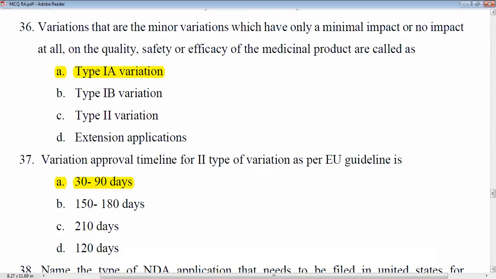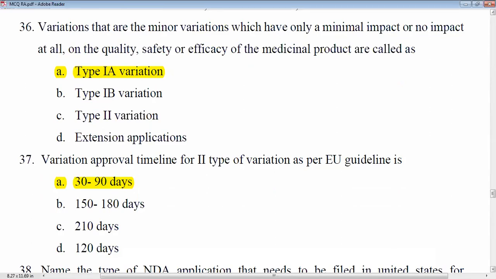Variations that are the minor variations which have only a minimal impact or no impact at all on the quality, safety, or efficacy of the medicinal product are called as: option A is type 1A variation, option B is type 1B variation, option C is type 2 variation, option D is extension applications.